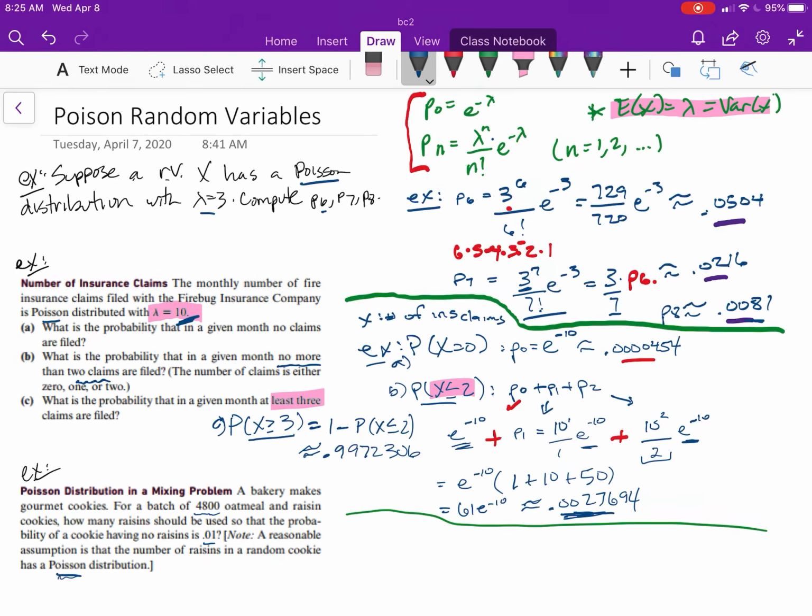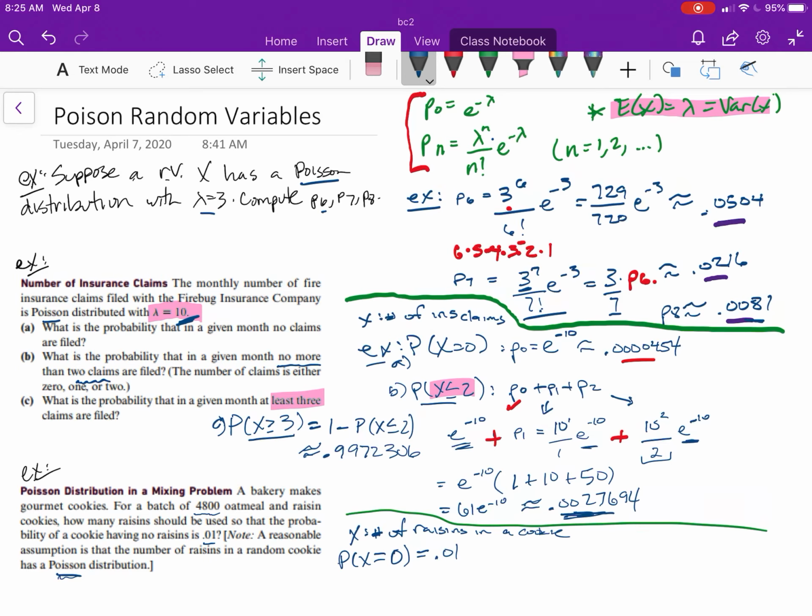All right, so the probability of having no raisins, that tells me then X has to stand for the number of raisins in a cookie. Because I want the probability that X is no raisins, right? X equals 0 is 0.01.